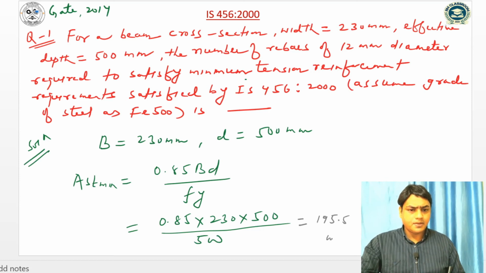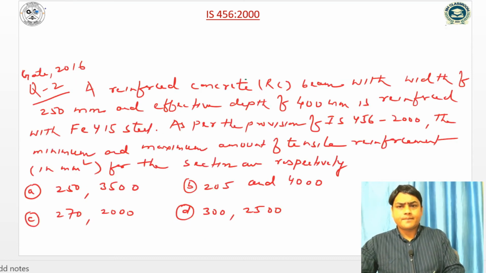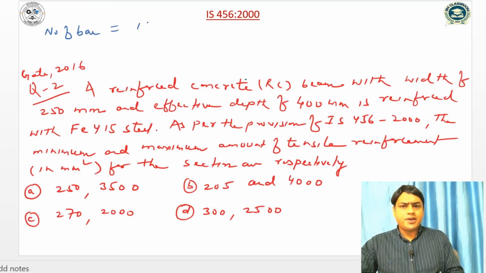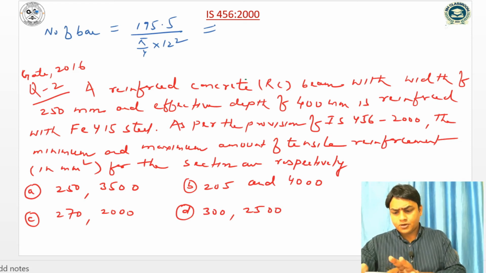So the number of bars is equal to 195.5 divided by pi by 4 into 12 square, so it will be into 4 divided by 144 pi.